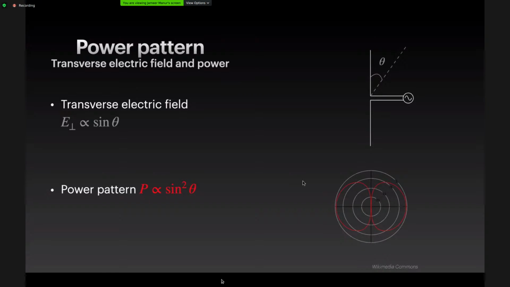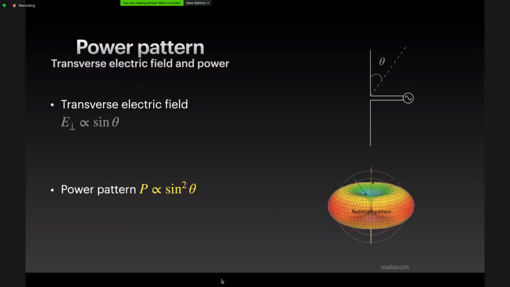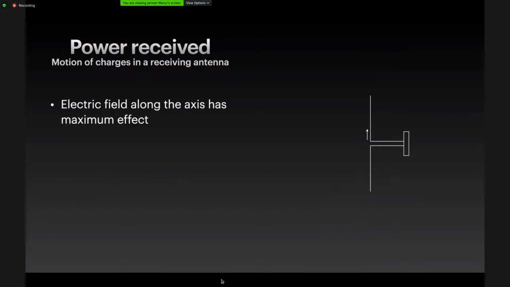And if you see it in 3 dimensions, it would form a symmetric torus. It essentially shows that in the middle of the dipole, along the horizontal axis, the power emission will be maximum, and it will go to zero along the axis, following a distribution that goes as sine squared theta.